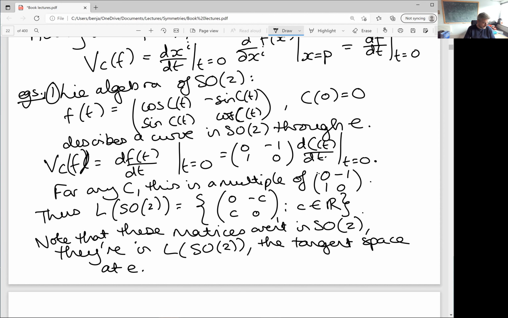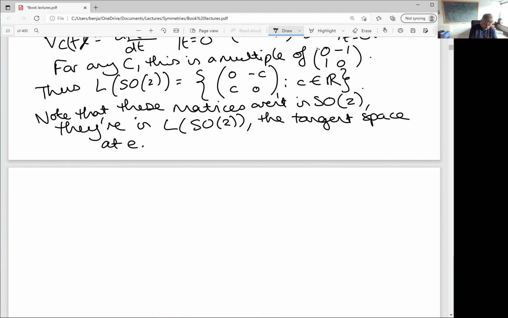Okay, so that's our first example. And now we're going to do something that's more general. We're going to look at the Lie algebra of SON now. So now we consider a curve. If we follow the same kind of logic, we're going to have some matrix, which is a function of t.